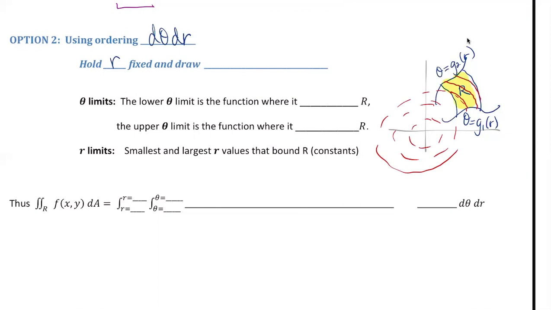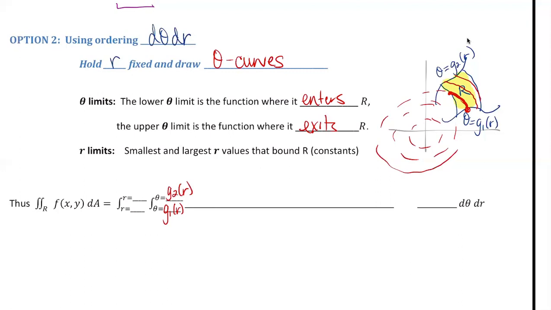Okay, so let's just pick one of those here. I'm calling these theta curves. The lower limit is going to be where this theta curve enters your region. In this case, this is coming from what I'm calling g sub 1 of r, which will be a function of r. And then the upper limit will be where it exits the region, which I'm calling g sub 2 of r.